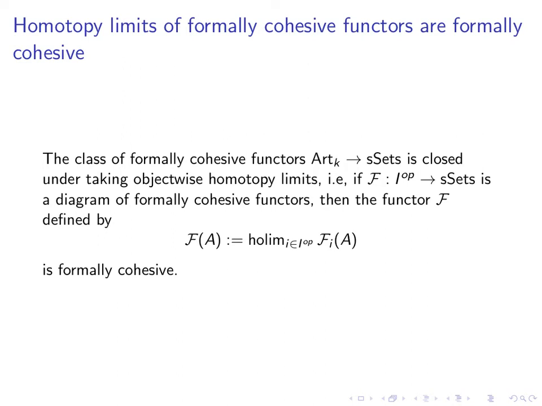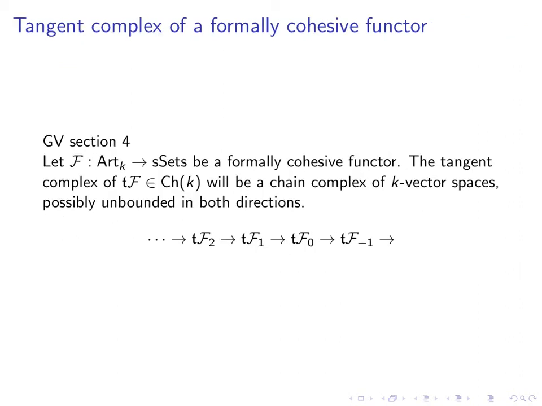This is somewhat of a random fact here. Homotopy limits of formally cohesive functors are formally cohesive. That's essentially what the slide is saying. So for example, if we take the homotopy fiber product of three formally cohesive functors, we get a formally cohesive functor.